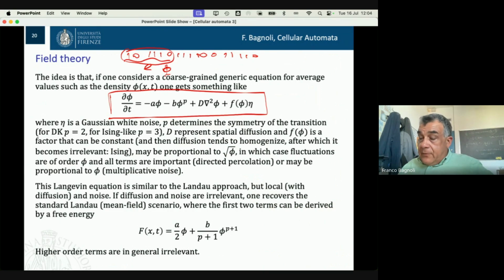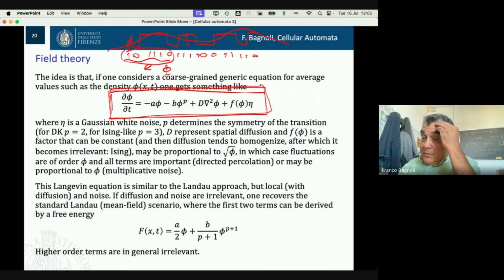And so if you do this, instead of having 0, 1, 0, 1, 1, 0, 1, 1, 0, a curve like this, you have something which is smooth, and so you can assume that you can write down a kind of continuous field equation.